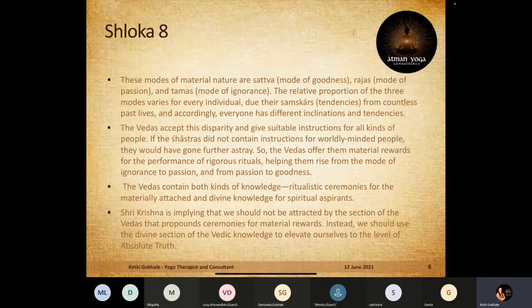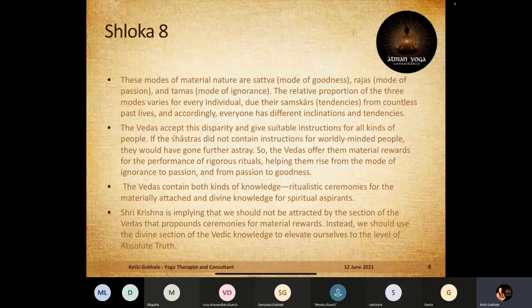The Vedas contain both kinds of knowledge. Ritualistic ceremonies for the materially attached, that is the karma kanda, and the divine knowledge for spiritual aspirants, that is the jnana kanda. Shri Krishna is implying that we should not be attracted by the section of the Vedas that propound ceremonies for material rewards.